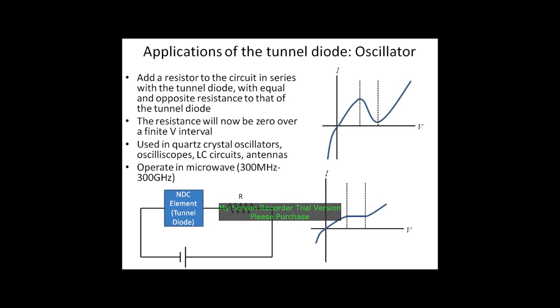So if you're operating the tunnel diode in this form, then the signal in that finite voltage region will oscillate back and forth forever, in theory. And so these are used for quartz crystal oscillators, oscilloscopes, LC circuits, and antennas. And they operate in the microwave range, which is 300 megahertz to 300 gigahertz.